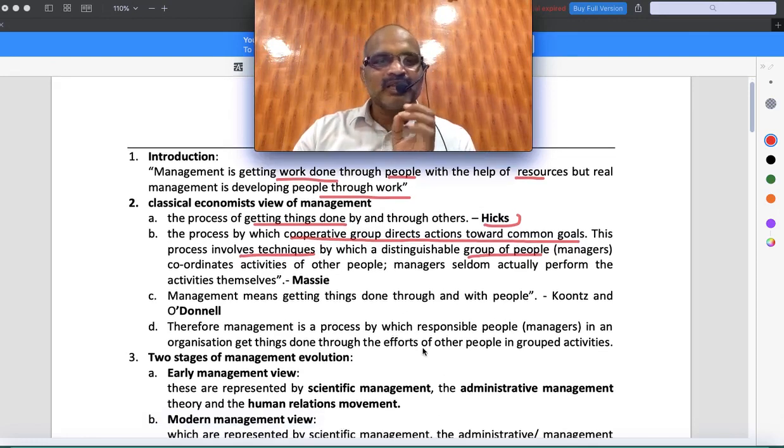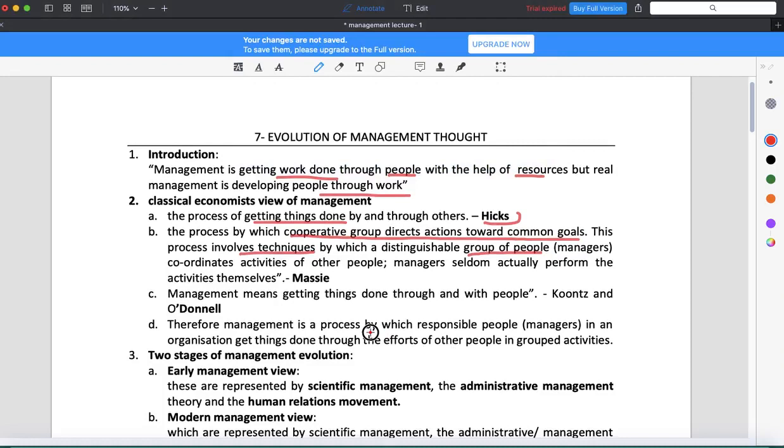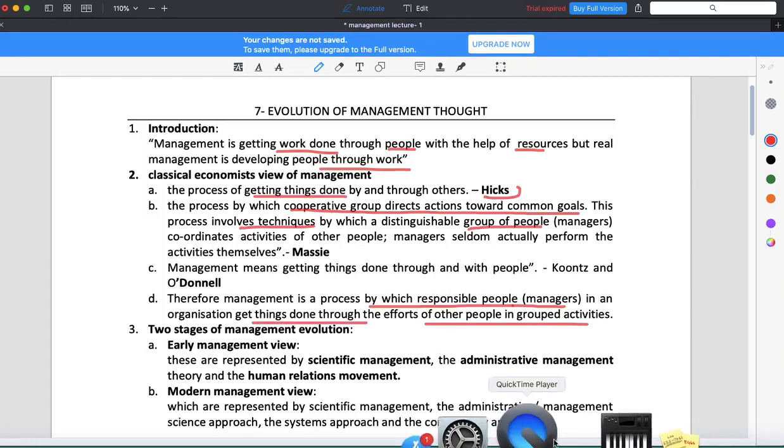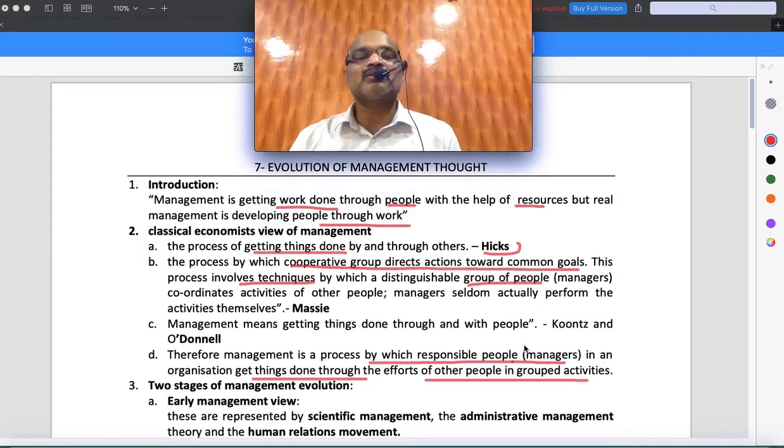Last one, it says, therefore, management is a process by which responsible people, whom we call managers in an organization, get things done through the efforts of other people, in grouped activities. Overall, we can say management is not about one fellow doing activities effectively.